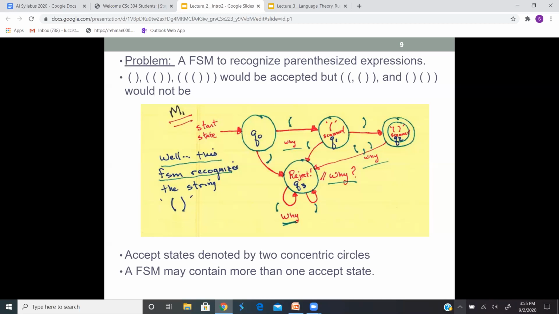I don't go into pumping lemmas. I don't know. We'll see how much time we have later in the course. But mathematically, we can prove that the language consisting of all strings that are well-balanced, parenthesized expressions cannot possibly be recognized on a finite state machine or a finite acceptor. Can't be done. And we're going to prove it. So the question you were asking, it can't be done on this model of computation.